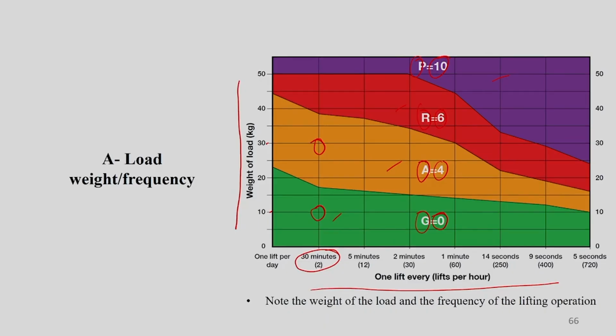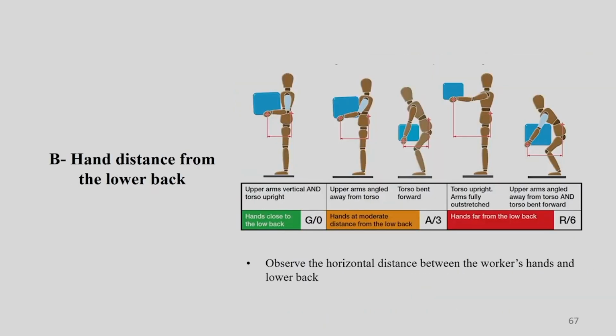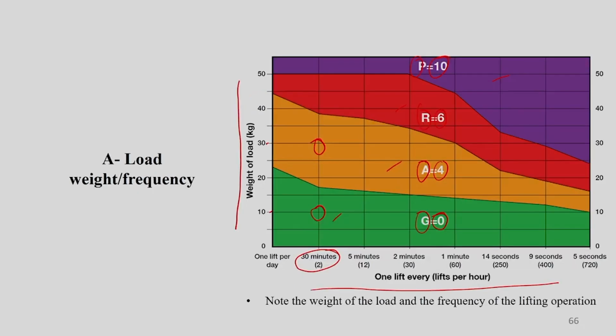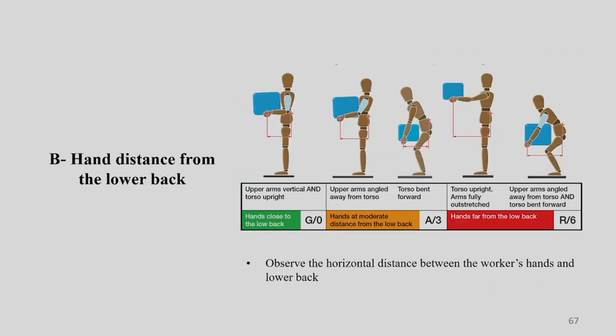These numbers came from different experimental studies while developing this particular tool. So let's move ahead with the next variable. Here you have the definition of what kind of weight you are handling and how frequently you are handling the load. Based on that, you get the kind of risk you have in load handling.